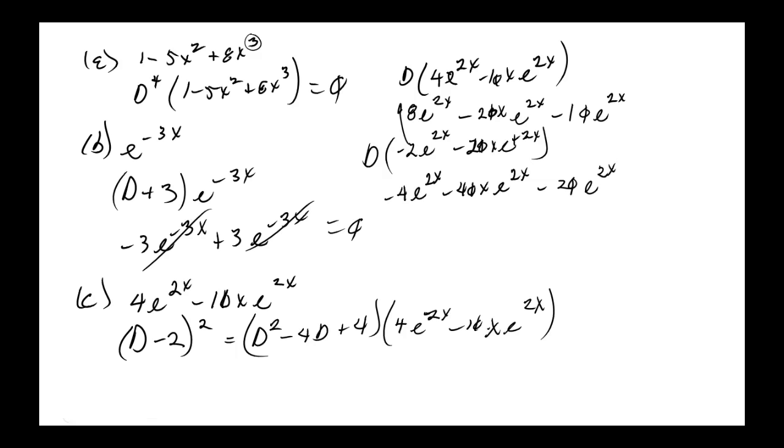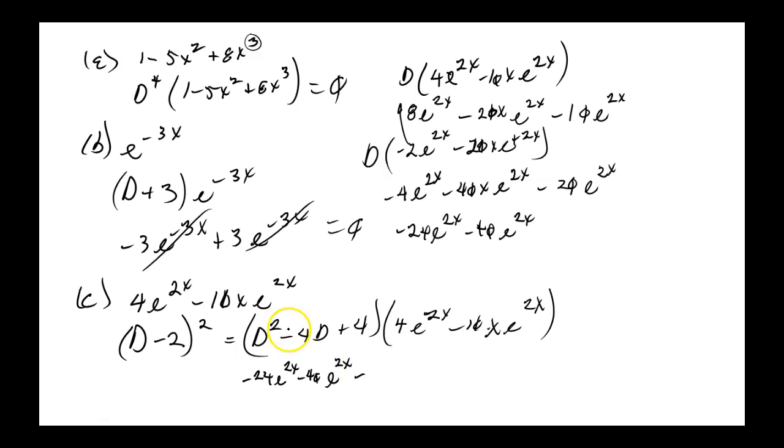Okay, that's the second derivative, and simplifying that would be minus 24e to the 2x minus 40xe to the 2x. So when you take that derivative twice, that's what you get. That's your d squared of that thing.